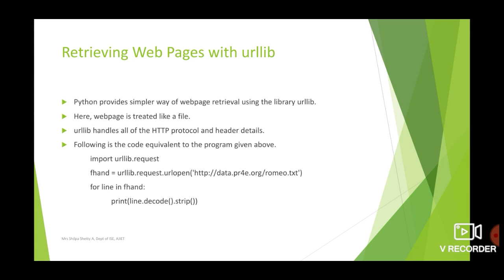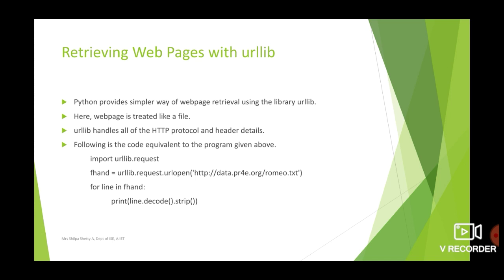So here the web page is treated as a file. urllib handles all of the HTTP protocol and header details. So we need not specify as much information as we specify when using the HTTP protocol. So here we have a very simple program that is used to access a file from a particular web server.